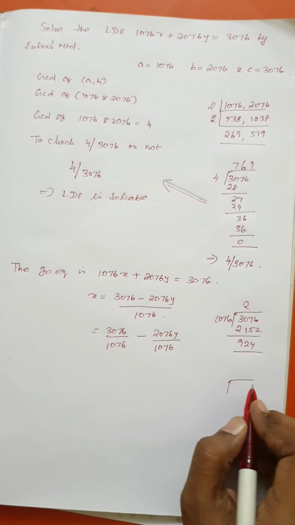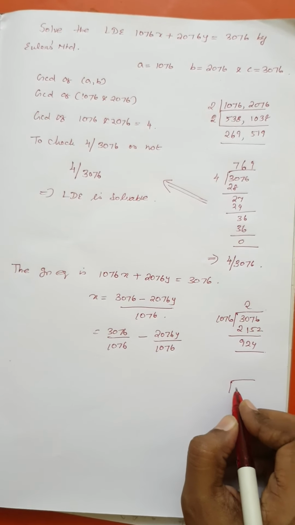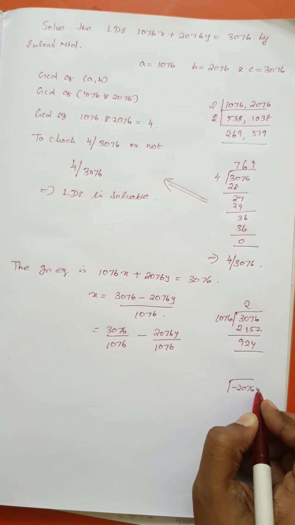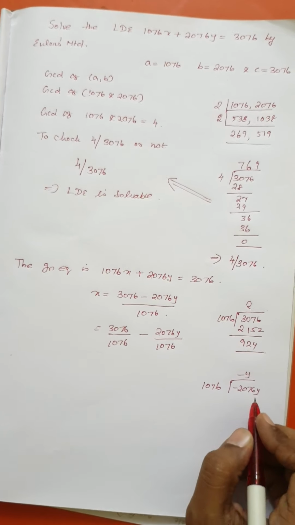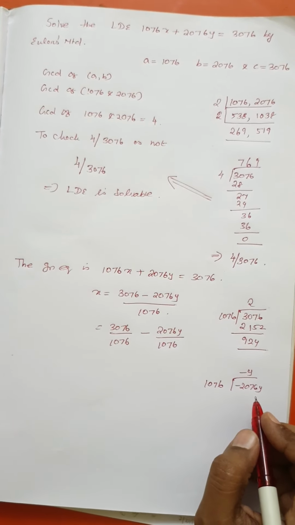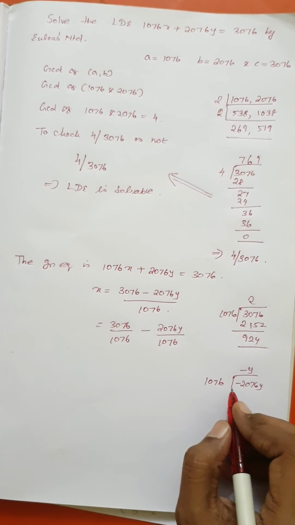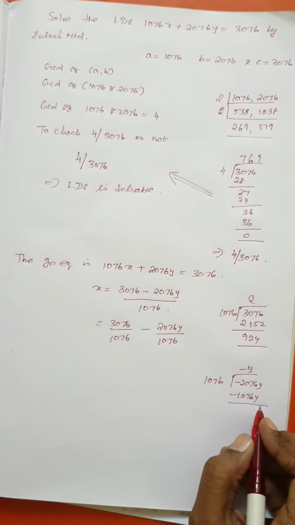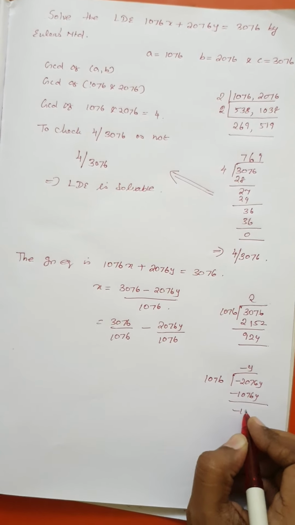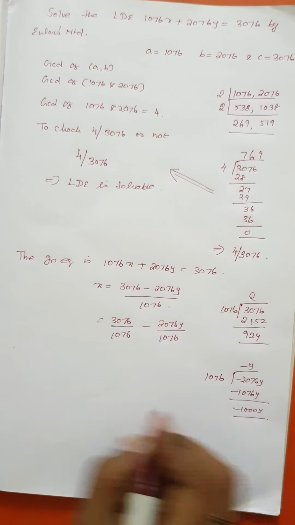Similarly, we can divide the number minus 2076y by 1076. Here we get the quotient as minus y. So minus y into 1076, we get minus 1076y. After subtracting, we get minus 1000y as a remainder.